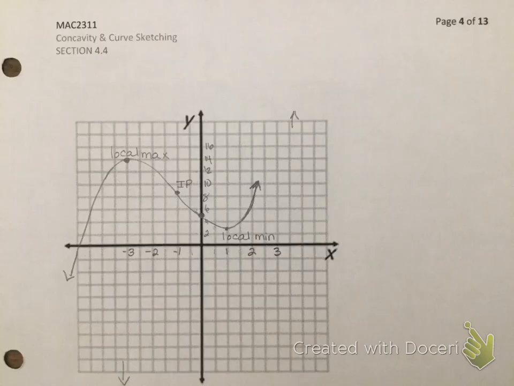So now let's actually go and graph some of these values. So recall I had a local max at (-3, 14). I had a local min at (1, 10/3).